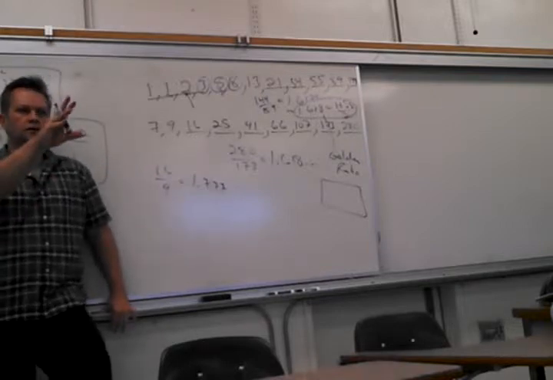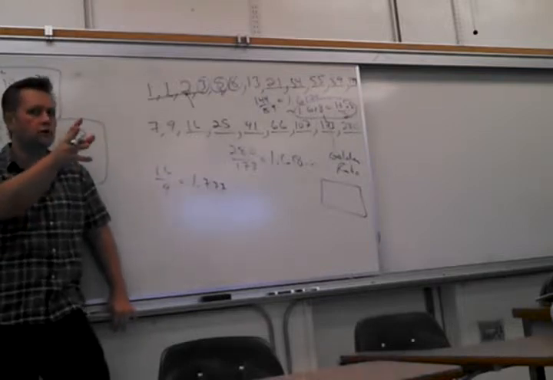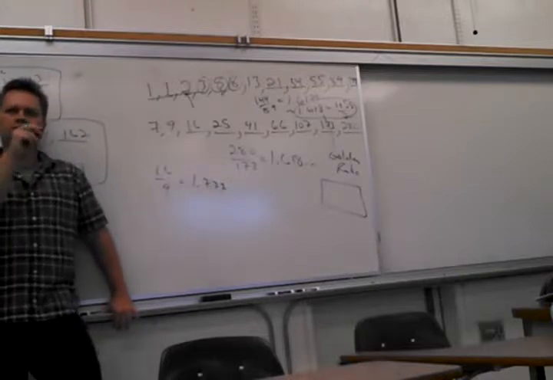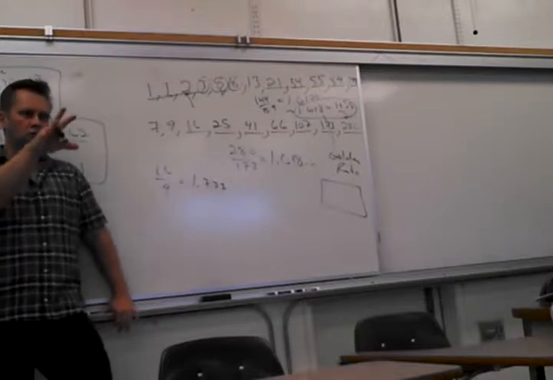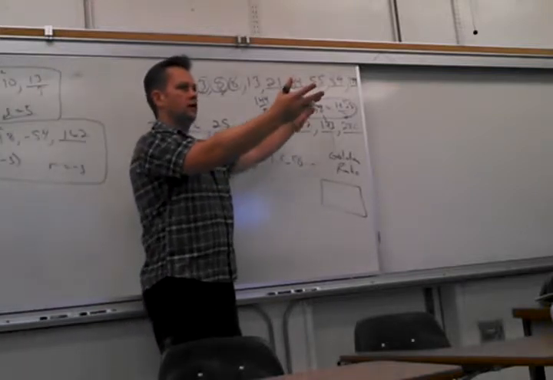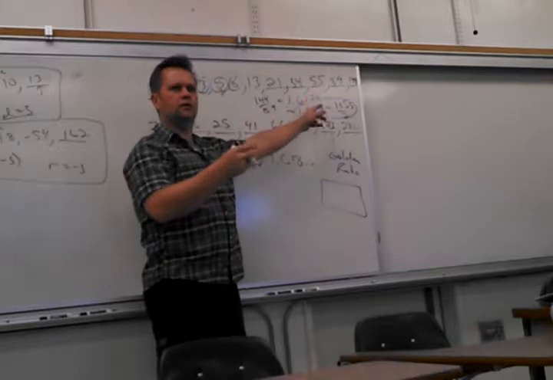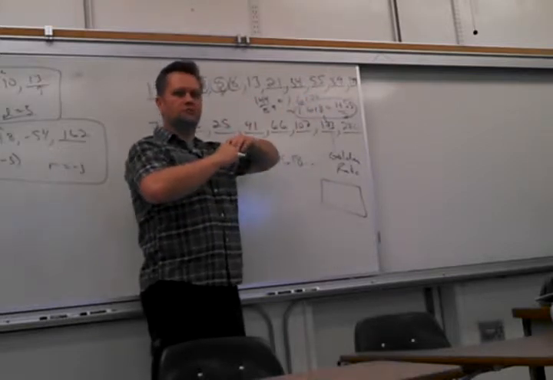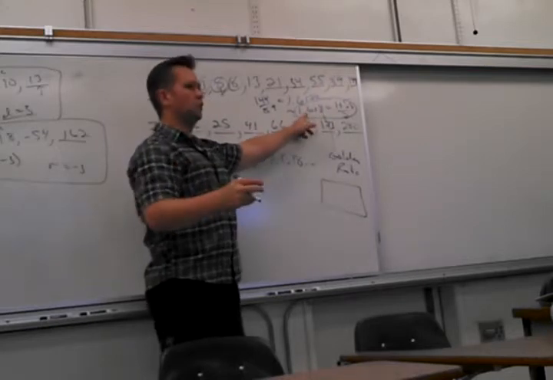And just to say the last thing about the Fibonacci sequence, you can spend a lifetime studying it. It's insane. This is only one golden number. There's an infinite number of golden numbers.